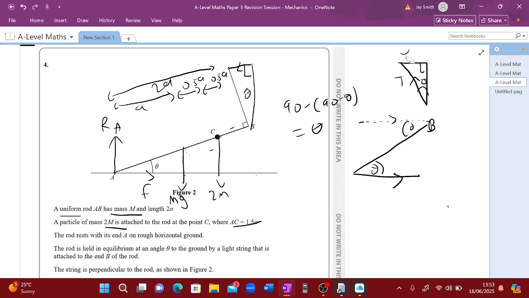So let's get rid of all this again. It's not the straightest triangle, is it? So it's going to be there and then there. So tension's going to be there, and theta is now going to be there. So that means if we resolve, this is going to be T sin theta, and this is going to be T cos theta. And now what we can resolve up, and we can resolve to the right.